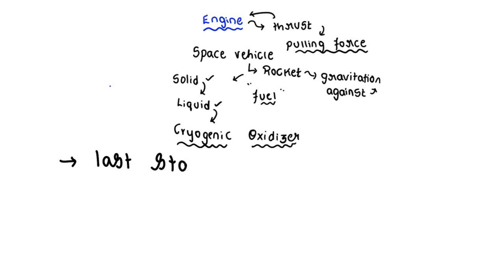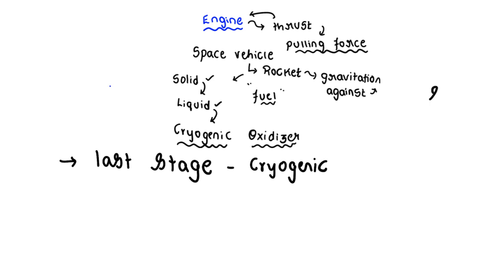In the initial stage it is provided the propellant with solid, and after that the propellant or the fuel is liquid, and in the third stage or the last stage it is equipped with the cryogenic fuel. Clear? Cryogenic fuel. So cryogenics is the study of production and behavioral patterns at extremely low temperature.